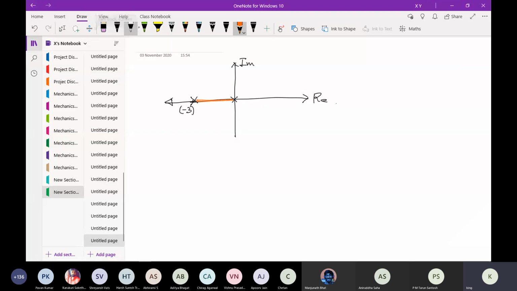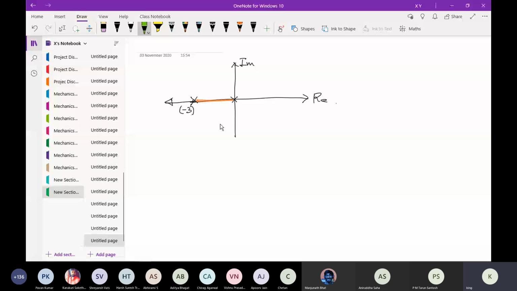We will also have other branches of the root locus, and in later classes we will discuss where they will come from. But one thing we do know, that they will be ending at the poles and beginning at the zeros.